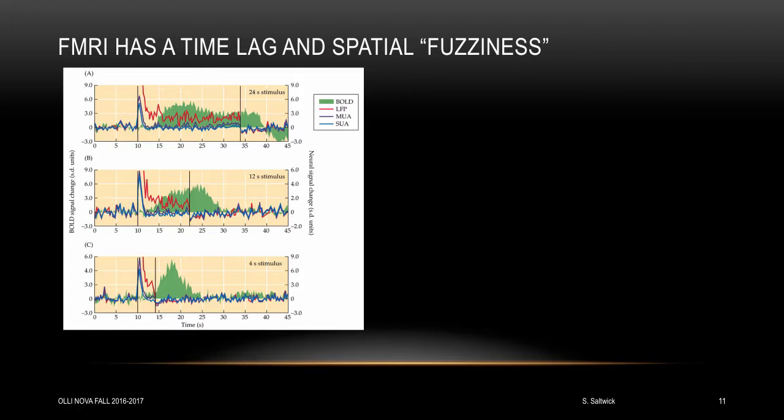This is single and multiple unit activity as we might obtain in the operating room, which are shown in the line graphs. And then in the green area, we see changes in blood flow of oxygenated blood going to the area of the brain under study. Notice there is a significant lag. We just need to be aware of that in terms of the phenomenon we're studying as we scan the brain.